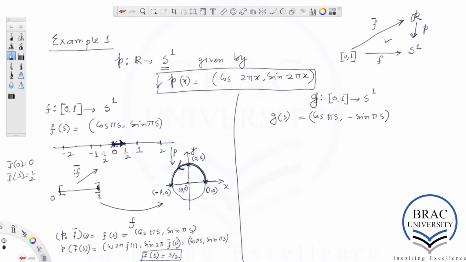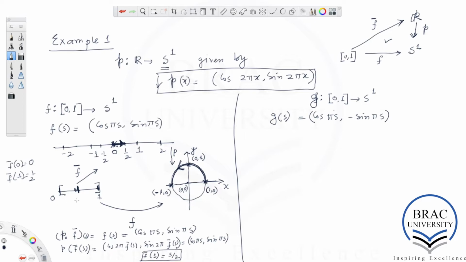Okay, now what's the story of the path g? Something important here is to note that we choose 3 points on this interval to know what the path actually looks like.